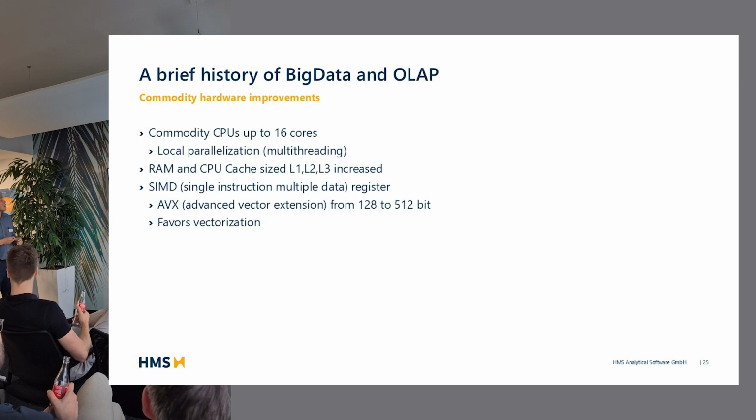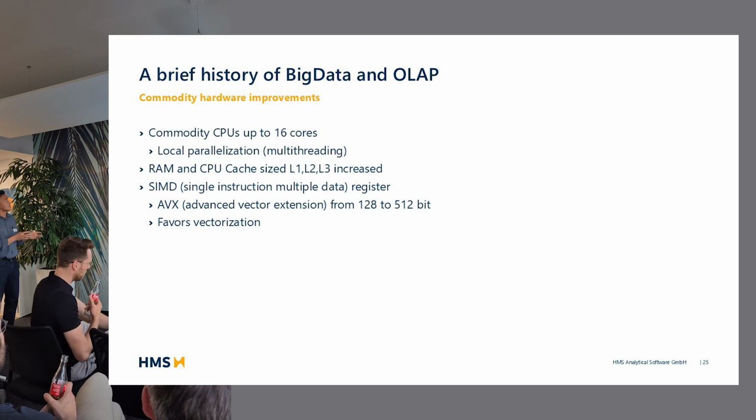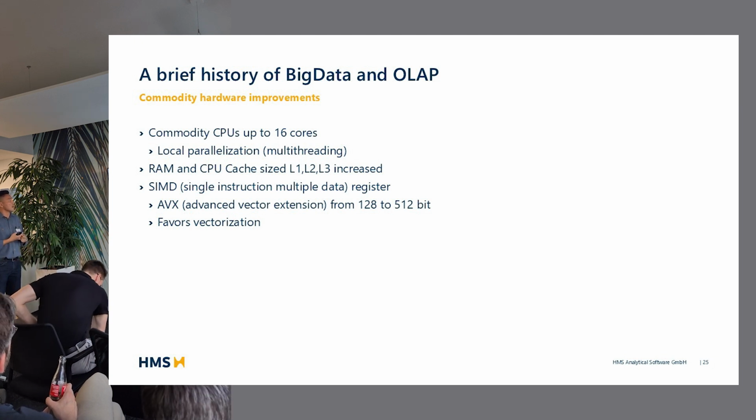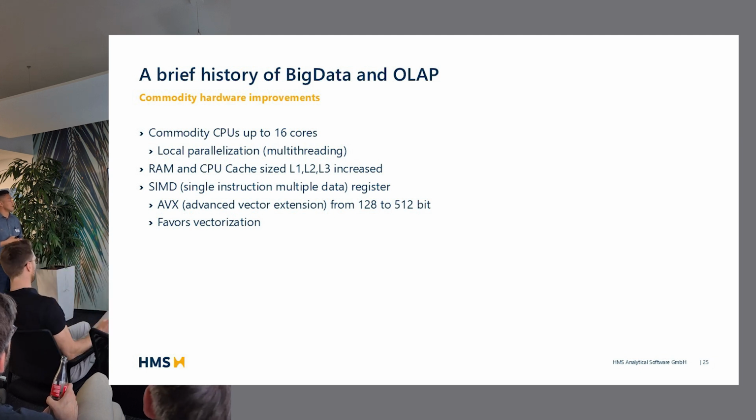Meanwhile, in the last two decades, the hardware also changed. We have major hardware improvements. Now, even in commodity hardware, we have CPUs with up to 16 cores. Cache size is increased, RAM is increased, and the single instruction multiple data register is also increased.